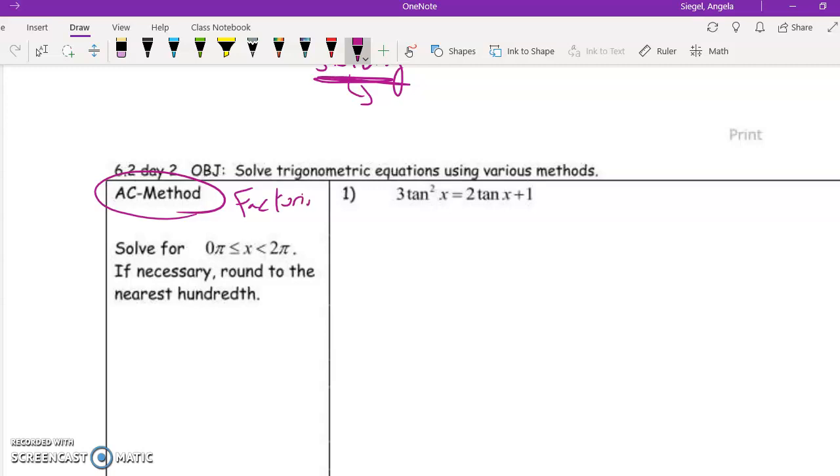You don't have to do AC, just factor in whichever way makes the most sense to you. Something I want to point out before we get started, this is going to be in radian mode. Notice the 0 to 2 pi. And then this is going to get sloppy. So when you are factoring, remember, set everything equal to 0.